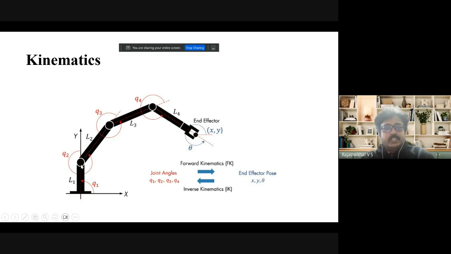That is called as inverse kinematics. If anyone has any doubt regarding this, you can feel free to ask, because this is the one which we are going to deal with both mathematically and in the programs which we are going to do in the rest of the session. If you want me to repeat, you can tell me, I'll repeat it.